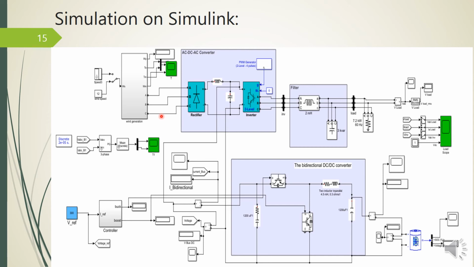All these parts, the AC-DC-AC converter, filter, bidirectional DC to DC converter, and the control part represent our Schneider XW hybrid inverter. This battery represents our battery backup, and this load represents our EV car, which consumes about 7.2 kilowatts.